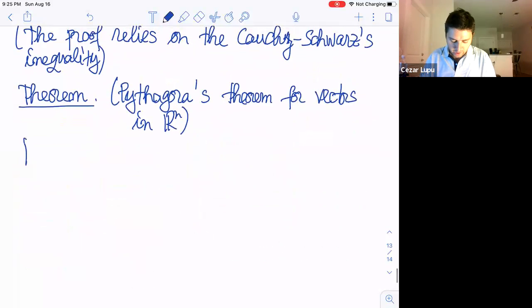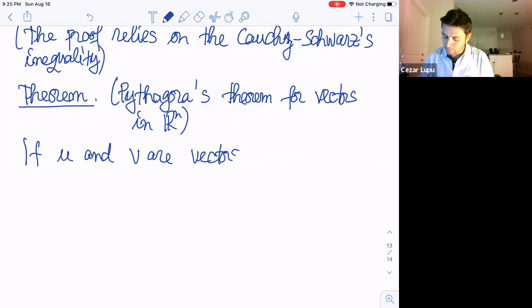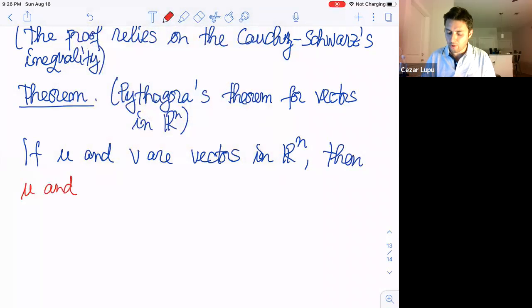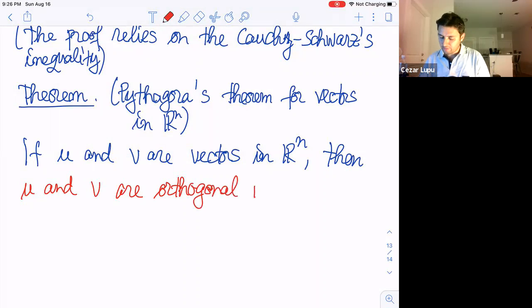It says the following: if u and v are vectors in Rn, then u and v are orthogonal if and only if the following equality holds true.